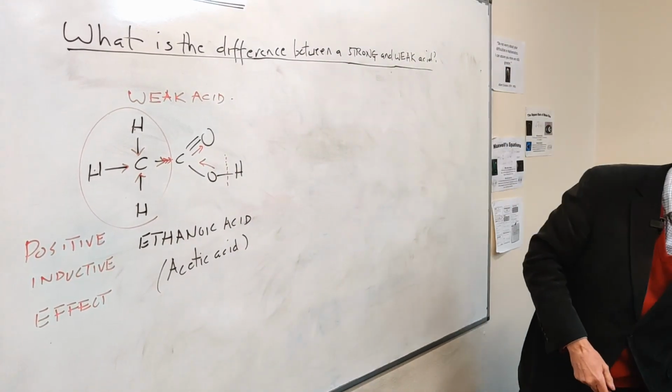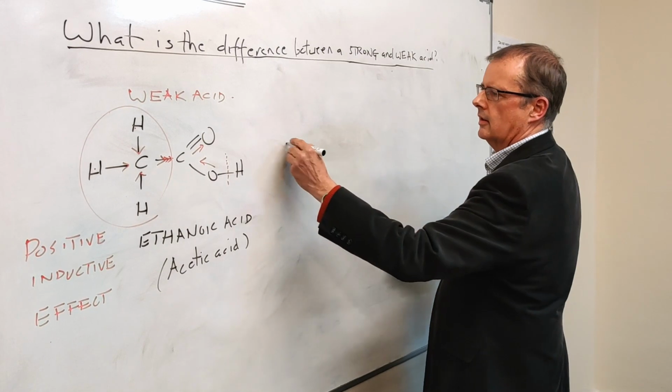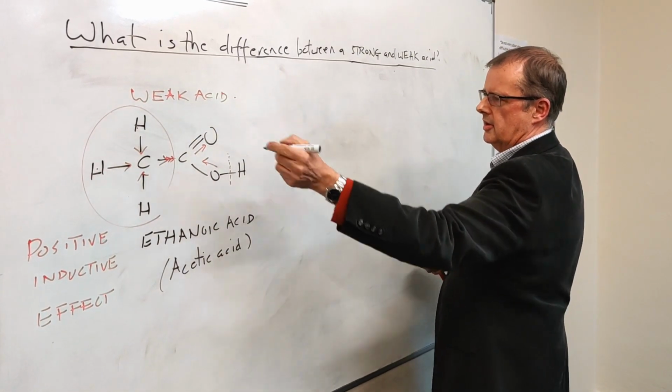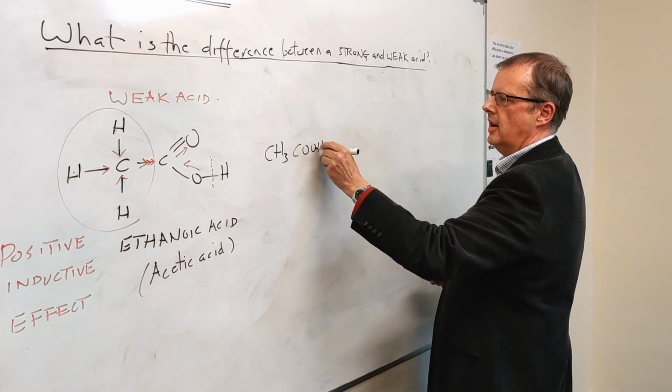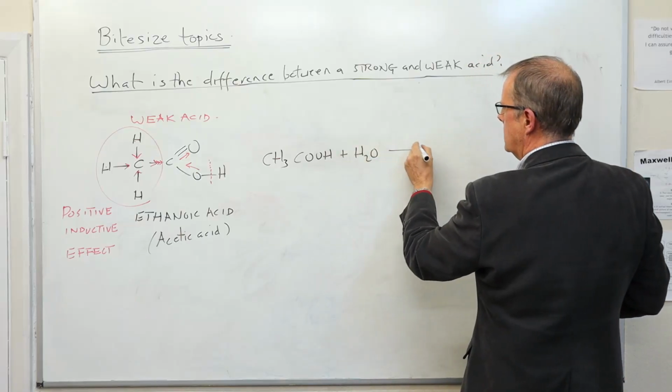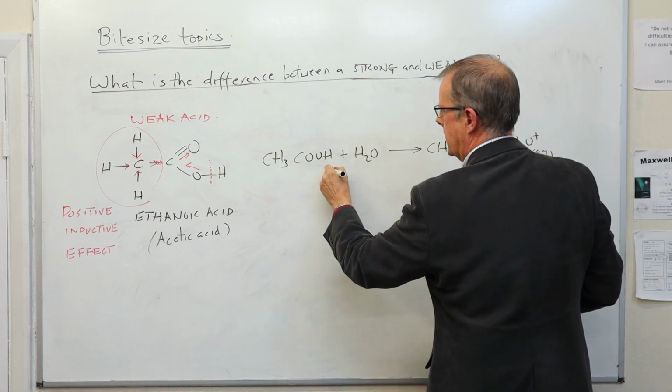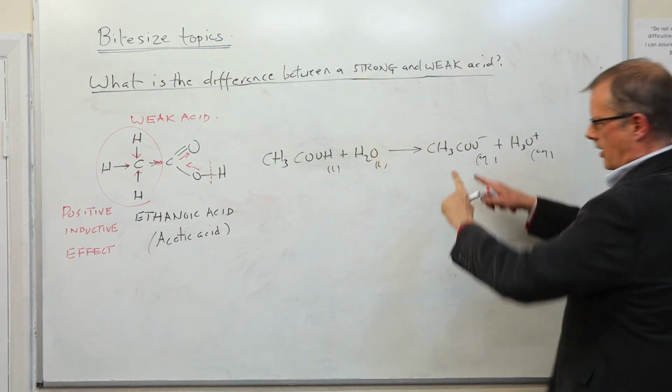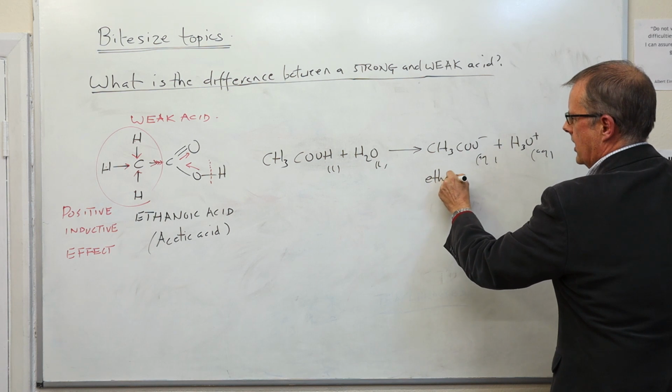So the equation for this, I won't draw the displayed structure like that. So here's my ethanoic acid molecule. That reacts with water. That's liquid. Okay, that's called ethanoate ions.